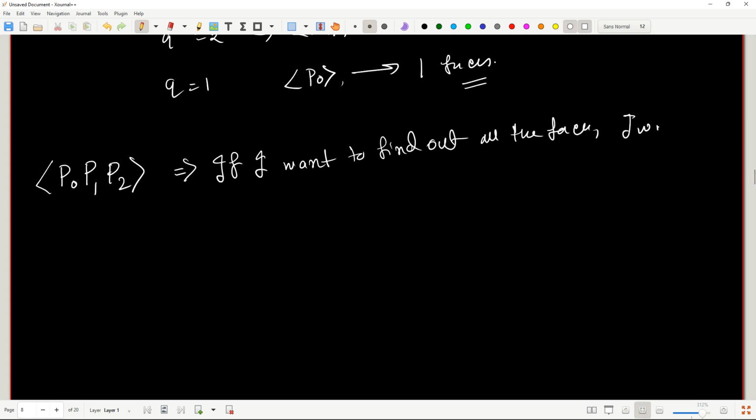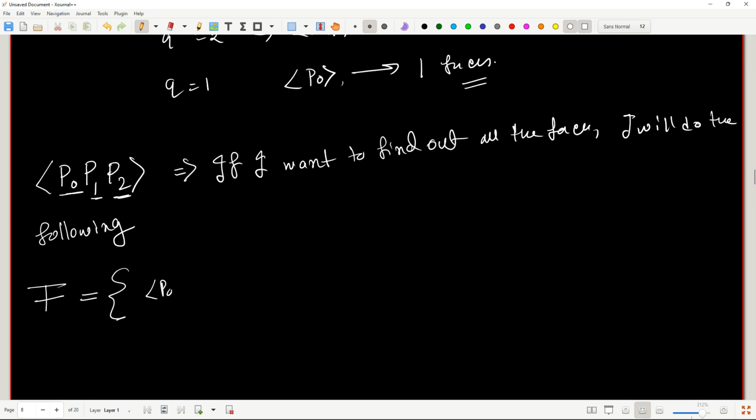I'll do the following. And by all the faces, I mean the 0 faces, 1 faces, 2 faces, and so on. At first we have these 3 points, P0, P1, and P2. Let's call this F for now. I want to assign these faces to a set.